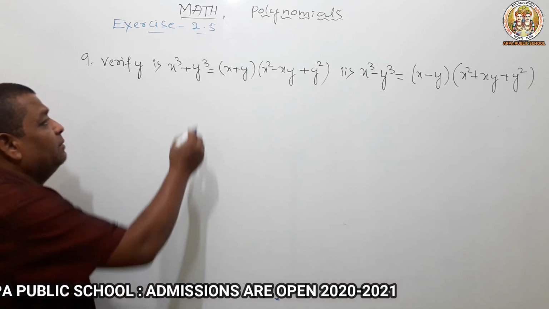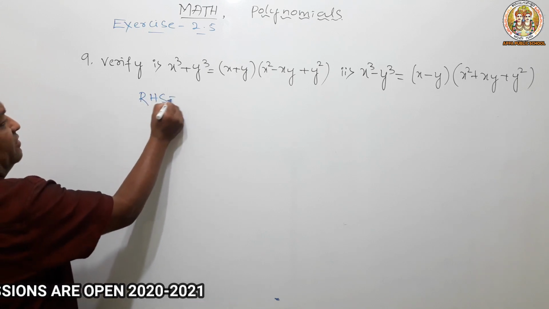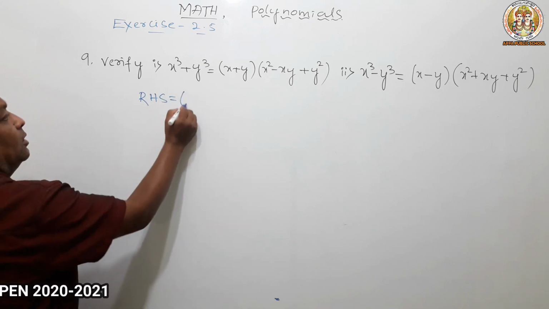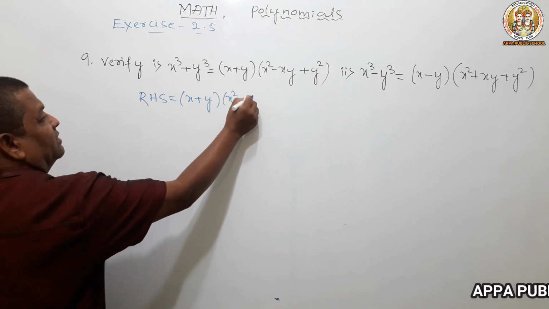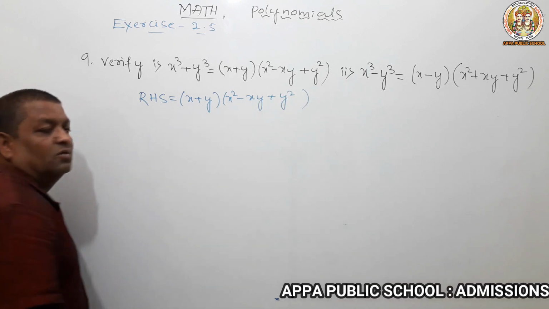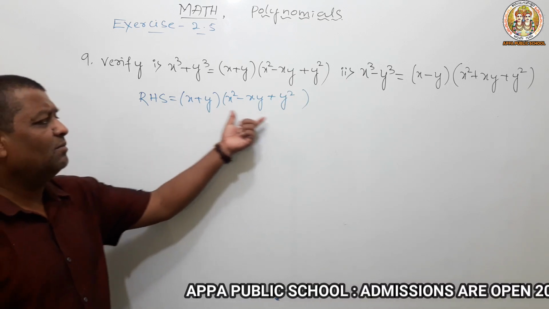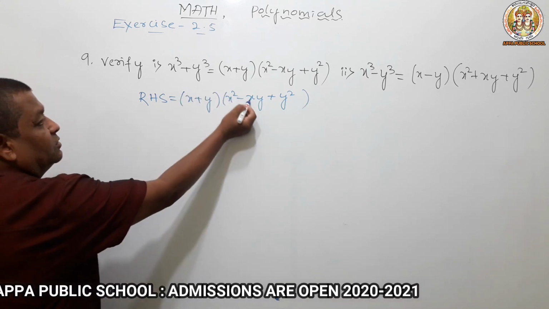Your choice. My choice is RHS. Let RHS be equal to x plus y into x square minus xy plus y square. I will do simple multiplication. X into this.